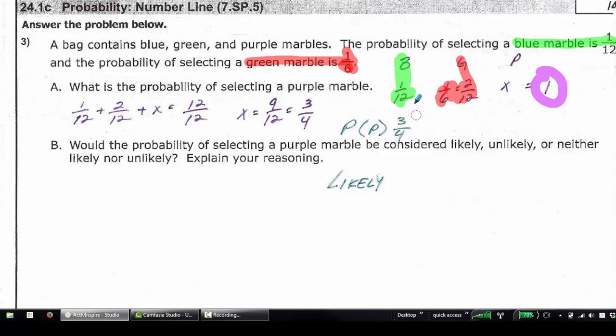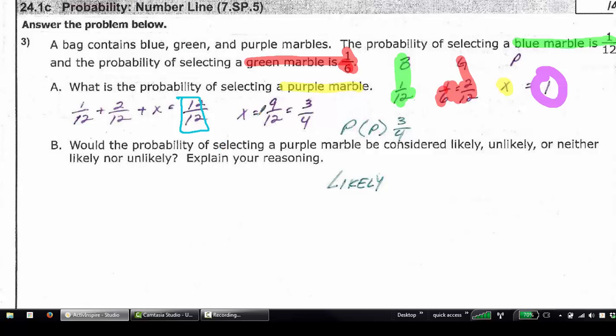So I know that this X right here, the purple marble, has to be whatever it takes to make this plus the X into 1 whole. So I go back and I figure out 1/12 plus 2/12 plus X equals 12 over 12. That's my 1 whole. That's my big 1.